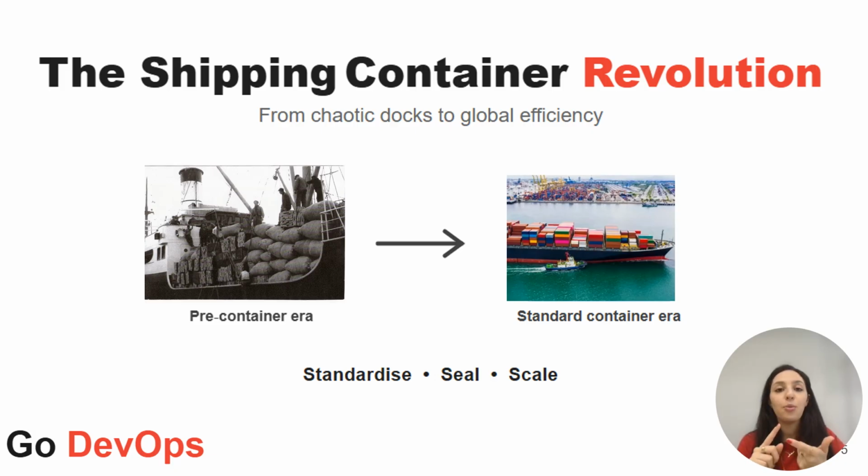One format, one tool set, one smooth pipeline. And just like physical containers enabled global trade, software containers are enabling fast global software delivery. So containers didn't make shipping faster by making tracks faster. They made instead the handoff smoother, and it's the same for software.